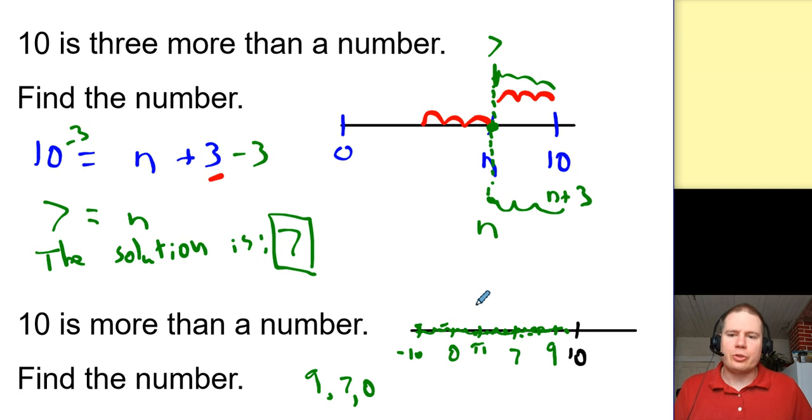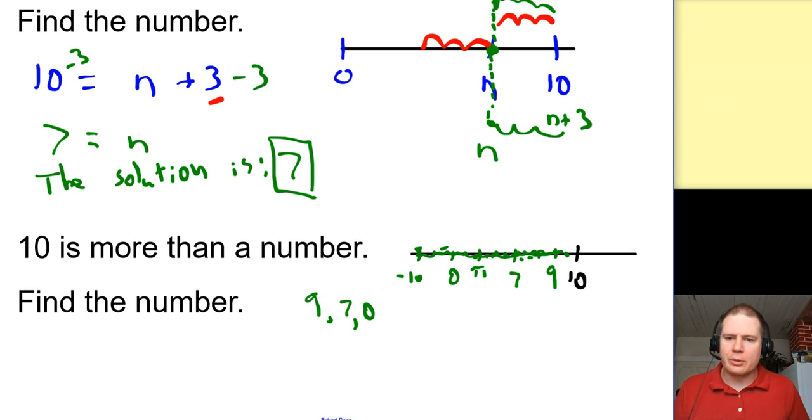And so there are two things we notice when we're solving inequalities. When I start with the statement, not 10 is equal to some other expression, but when I say 10 is more than, this phrase together without a number in between is an inequality.